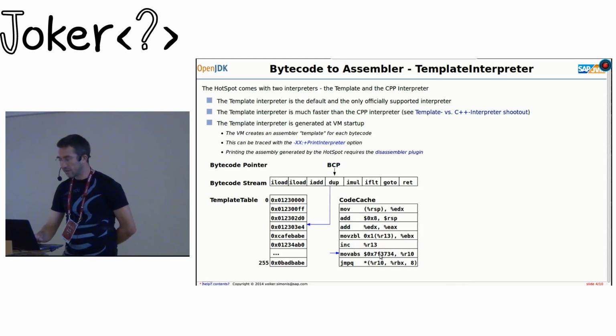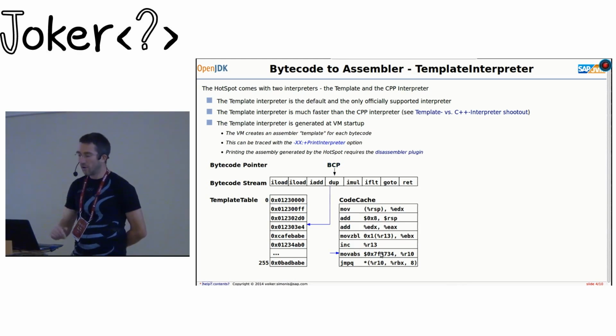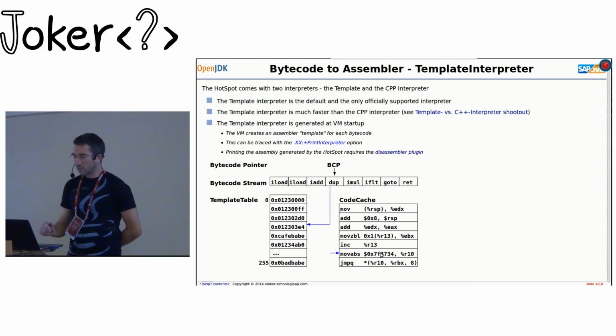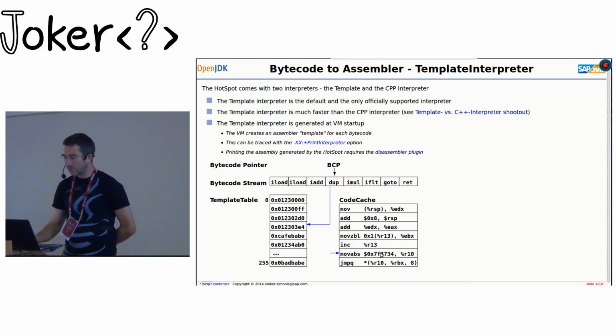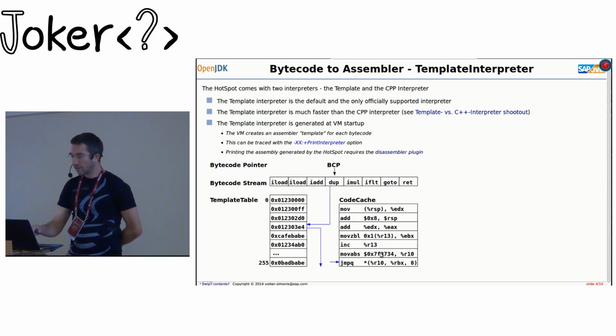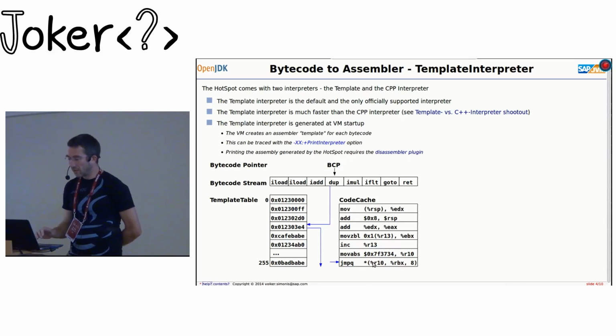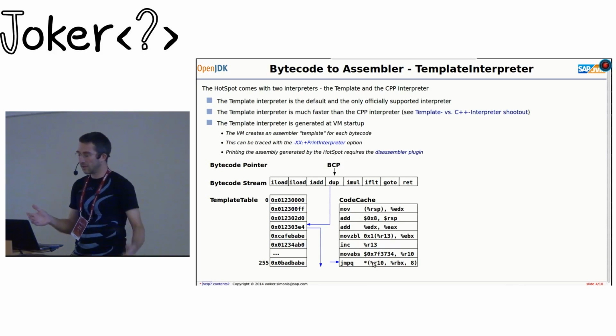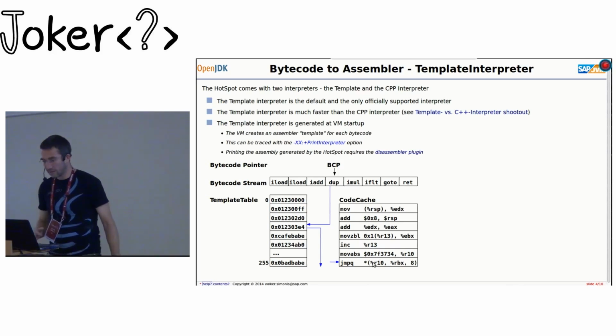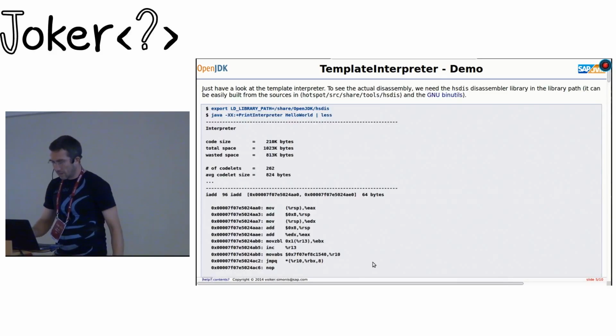Then we move the address of the template table into another register, and then we jump to the next bytecode, because BX is the register which contains the next bytecode, and R10 is our template table address, so that's like an array dereference. And we jump to the next bytecode and execute. In this way, the template interpreter works through all your bytecodes.